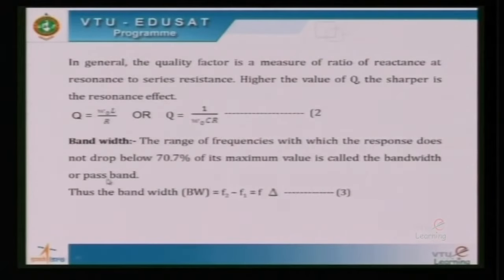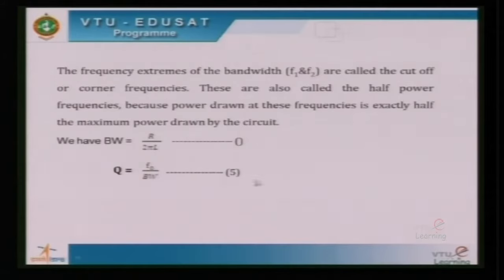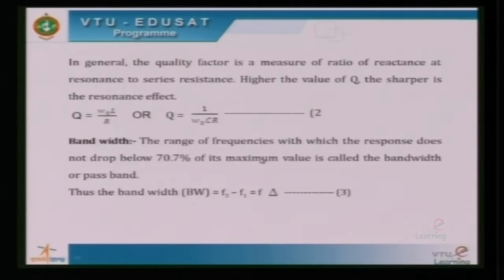Or we can also define quality factor in terms of bandwidth, practically from the graphical observations. Quality factor is given by f naught by bandwidth, where f naught is the resonant frequency, and bandwidth is the range of frequency for which the response does not drop below 70.7% of its maximum value.